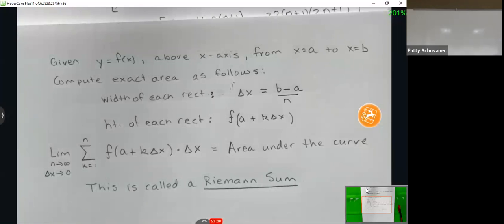Okay, so let me think of an easy one. Let's take the line y is equal to 4 minus 2x, and let's find the area under that curve from x is 0 to x is 2.